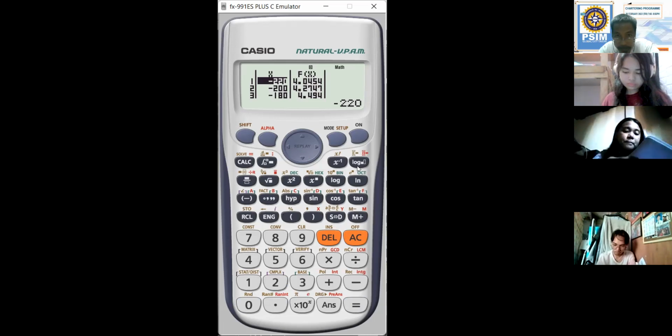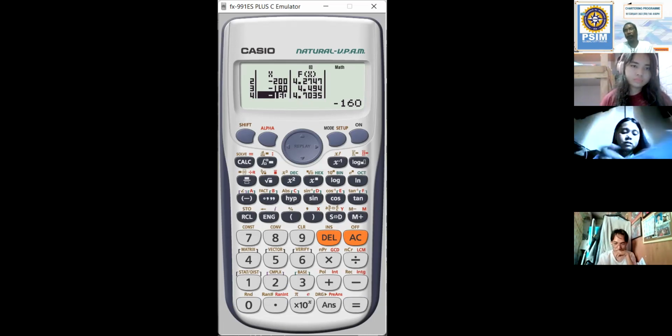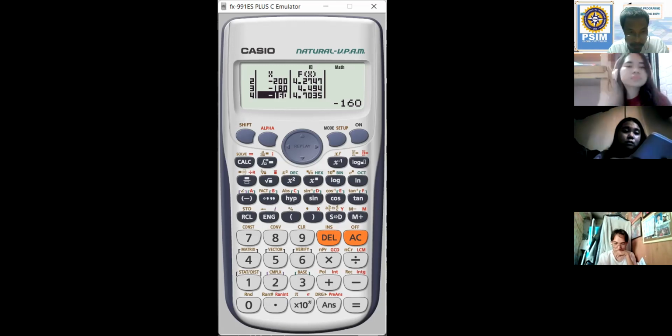Okay, so let us go to negative 160. This one. What is the estimated value? 4.7035. The same answer as the textbook, 4.7. Next is negative 80 degrees.